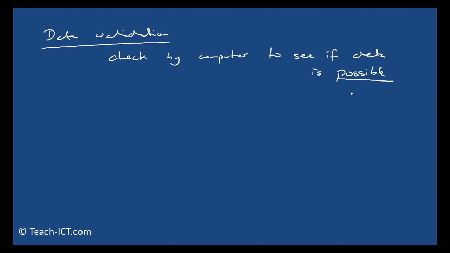And it's important to emphasize that it is not to do with the fact that it is correct. It's not correct. It's about to see if it's possible. Now, I'm going to walk you through a few examples, and hopefully that will make sense.